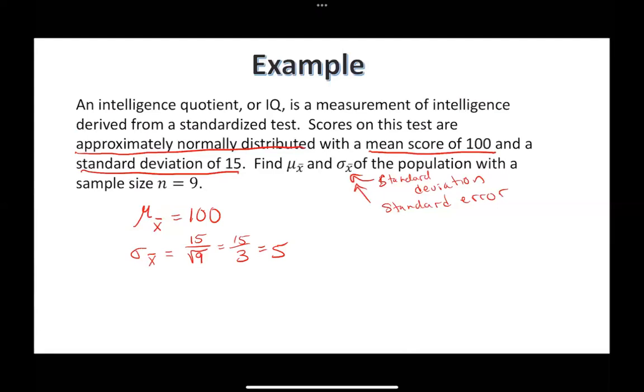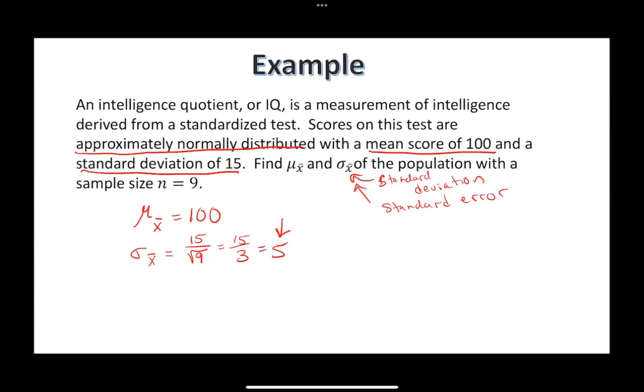If I'm doing anything with normal CDF, this is the standard deviation I'm going to use. If it is going to ask me the probability of something happening and they give you a sample, use that.